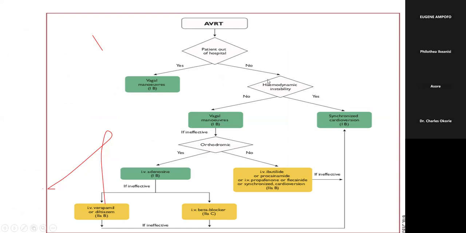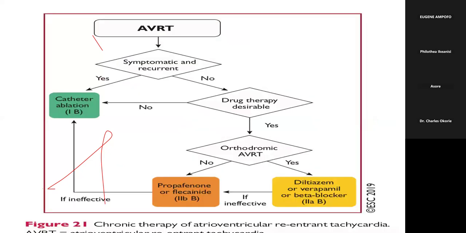Then for orthodromic AVRT, we use diltiazem and verapamil. If it is not orthodromic, that is the antidromic, we don't use AV nodal blockade. We use an antiarrhythmic agent like flecainide and then propafenone. Okay, thank you very much.